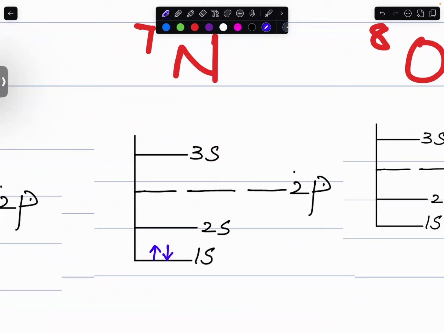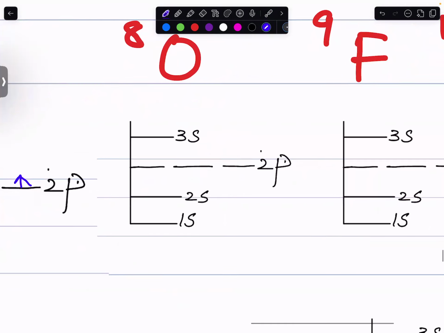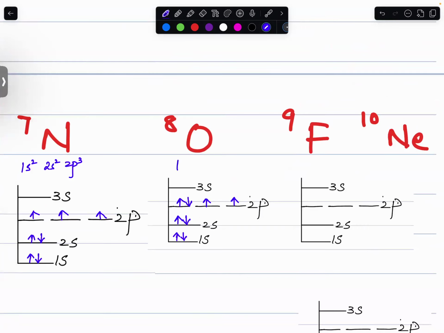Nitrogen: 1s2, 2s2, and 2p3. Now oxygen: 1s2, 2s2, 2p4, for single and now pair to minimize repulsion. So 1s2, 2s2, 2p4.